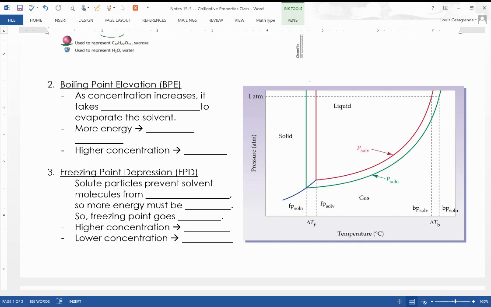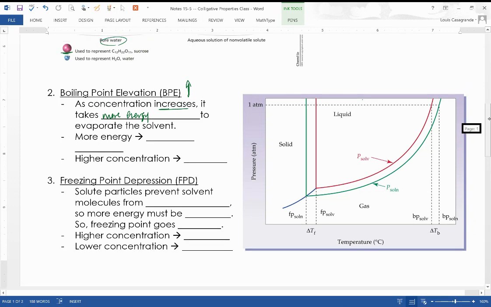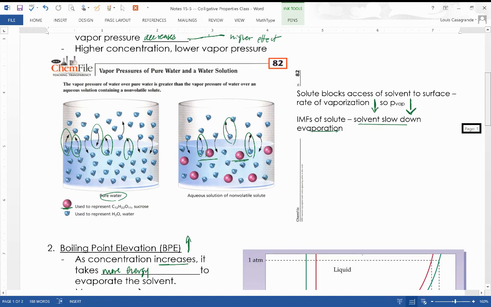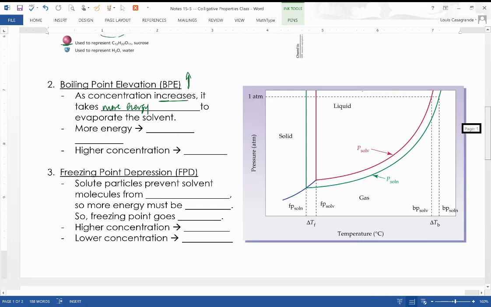Boiling point elevation, BPE. So the boiling point is going up. Elevation, we're going up, as the concentration increases. So think about those particles blocking the surface. Because they're blocking the surface, it takes more energy to evaporate the solvent. So basically, let's scroll back up. What you're doing is you need to get more energy in, and change up.